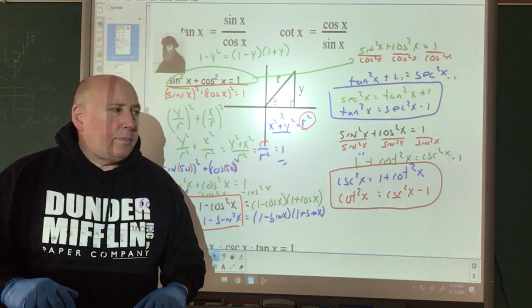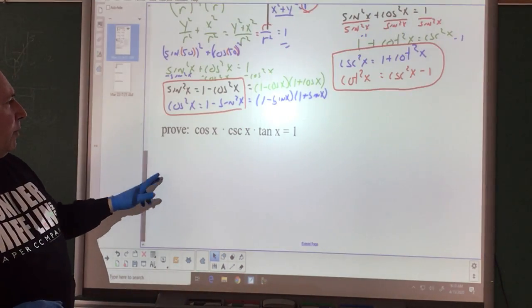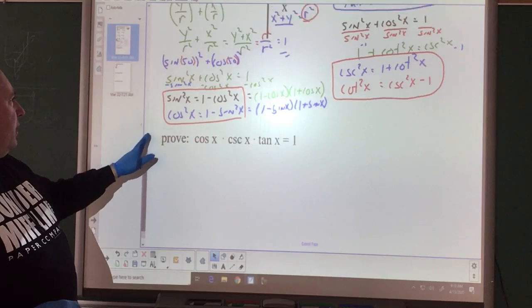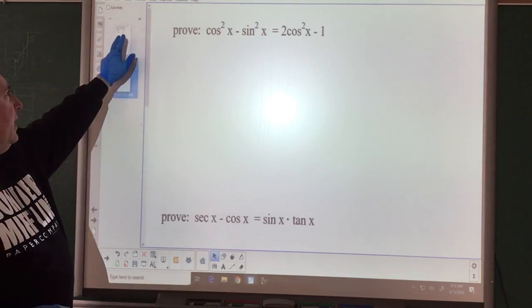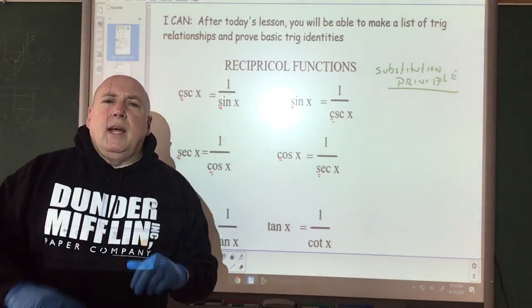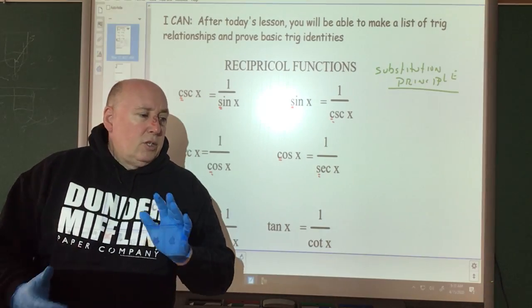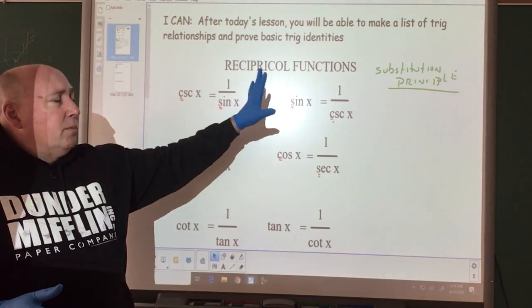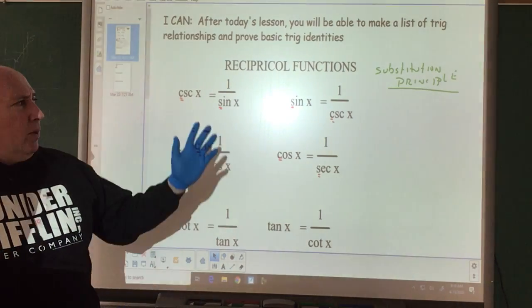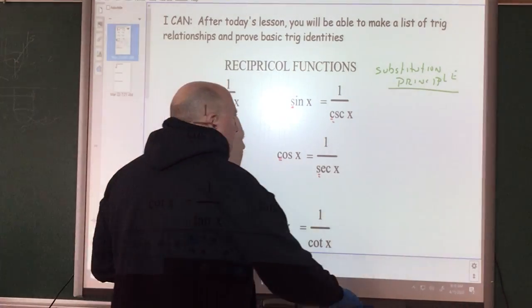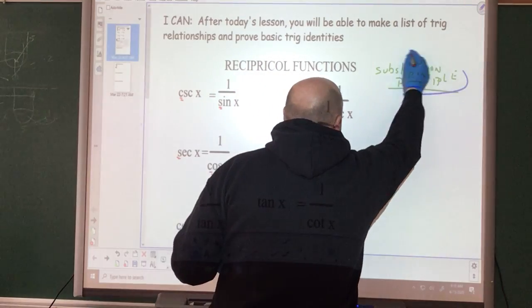Now, the rest of the notes that we have here are proving trig identities. You don't have to worry about that because I will not ask you to prove any trig identities. So what I have here is some basic fundamental ideas. When you're proving trig identities, once again, the substitution principle is the main idea.